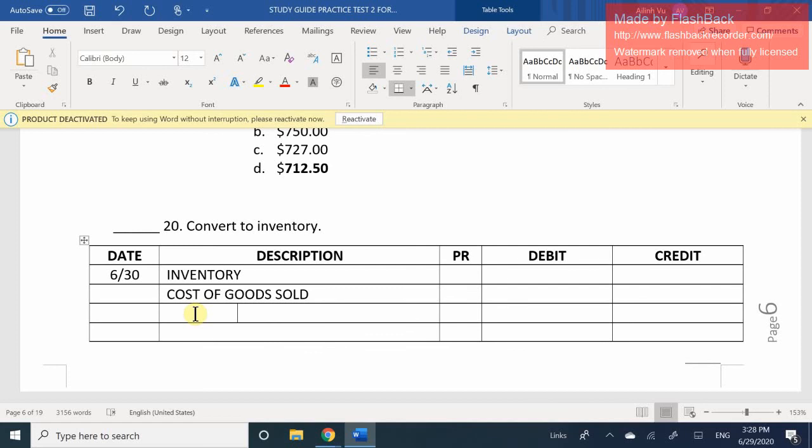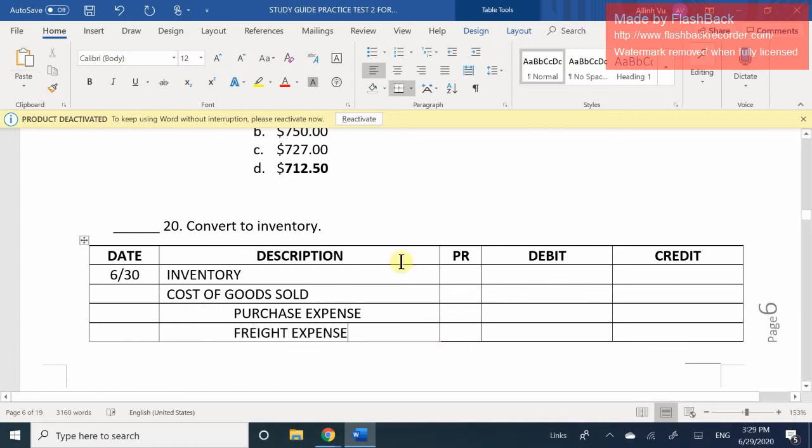We're converting it to inventory, but what did we originally buy it as? Not cost of goods sold, that's what you sold. Purchase expense. Yes, you originally bought this stuff as an expense. And then what else do you need to include? Freight expense.